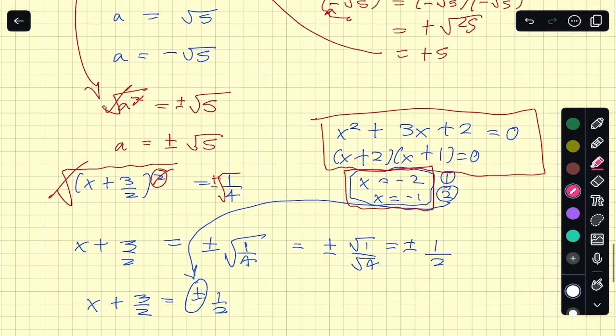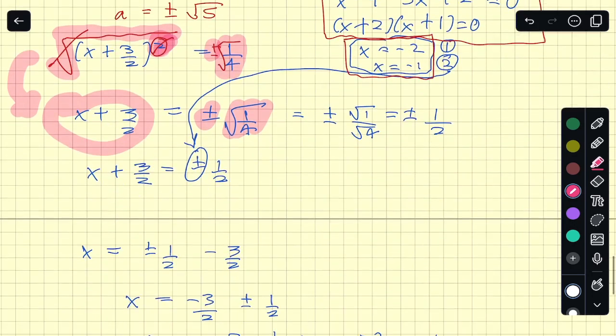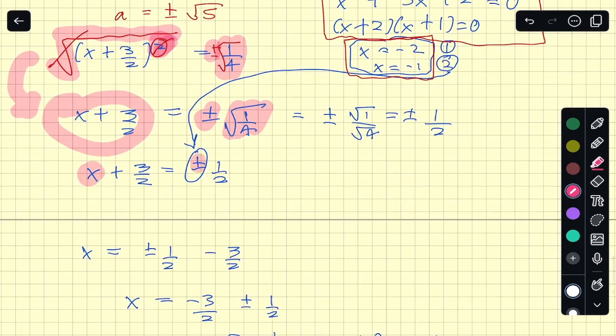So if you square root something to get rid of a square, like this, then on the right hand side you must add a plus or minus square root. From there, keep the plus or minus always associated with the term that it is in front of, and then just rearrange for x.